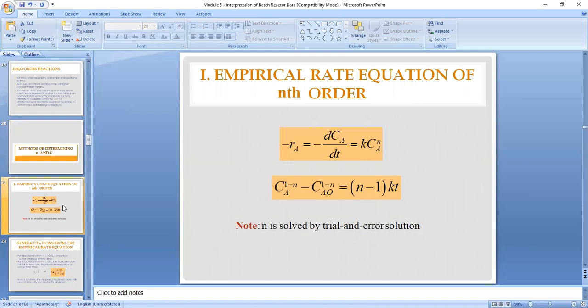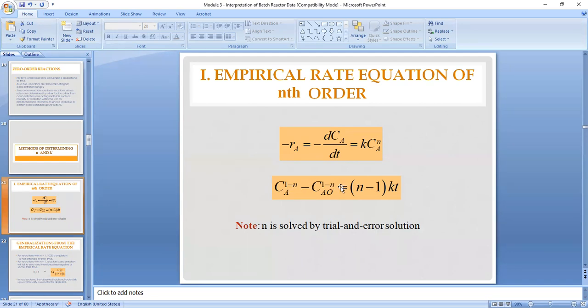It's general in the sense that n is written as n, since you do not know what that n is, and k is also written as k. These two are unknowns, so it's a generic way of writing the rate equation or the rate law. If you process the second and the last terms here, you equate, and this will be your expression.